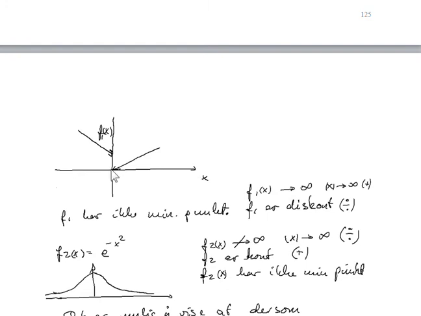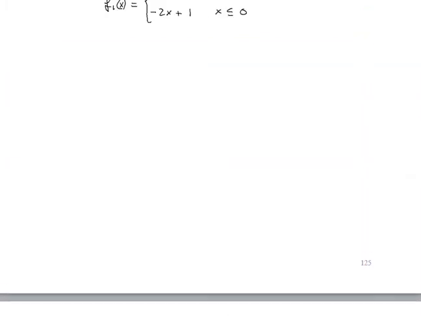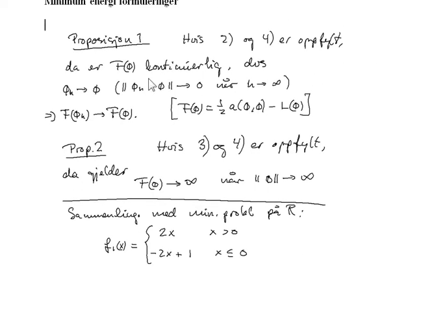So for the value x equal to 0, the function is different from what it was close to 0. So we observe that the lack of continuity, which was the conclusion of the first proposition, is not a very good property.